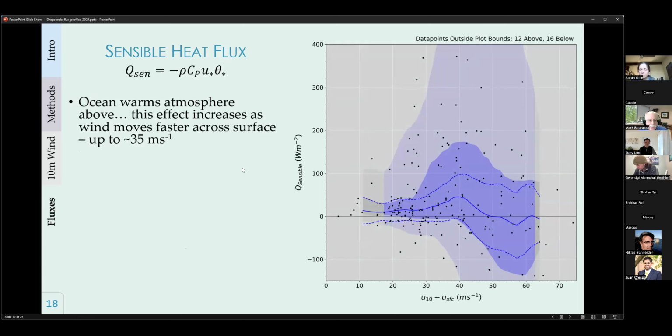If instead we look at sensible heat, so this is heat transferred as thermal energy, but not through phase changes, we see a heat flux that goes up with increasing wind speed, much like we'd expect, until, oh wait, 40 meters per second. Then it goes down. Well, how can this happen? The spray is coming into play around here.